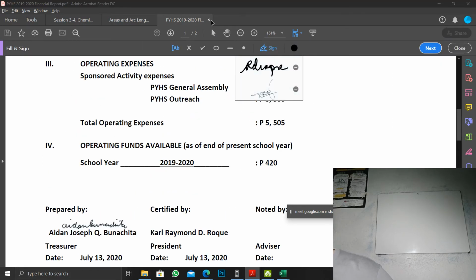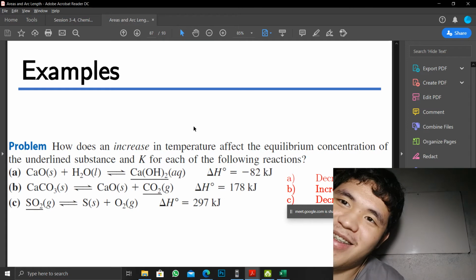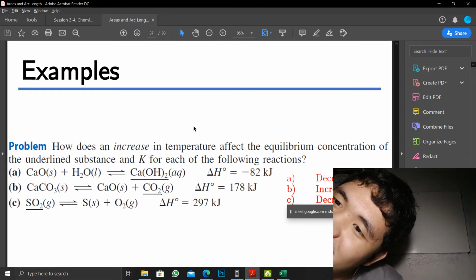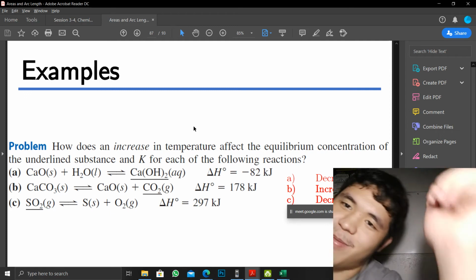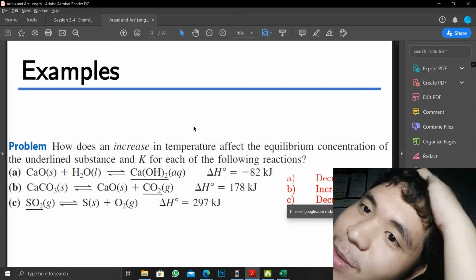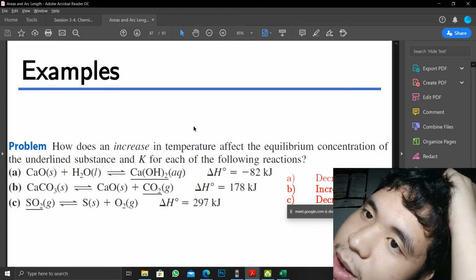Ay, sorry. Teka. Check natin itong answer mo. NO2, NO2, NO3, cube.